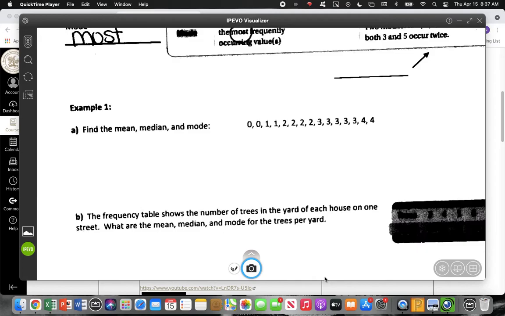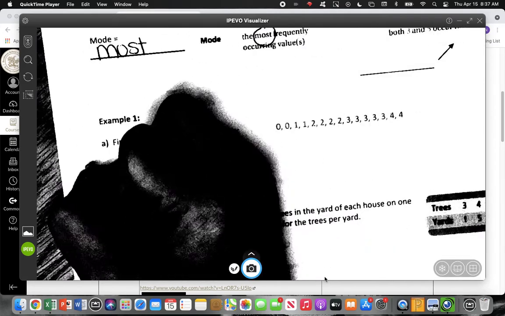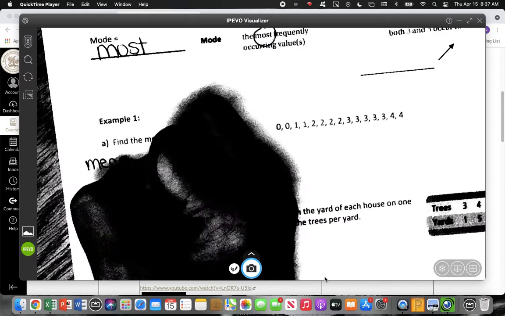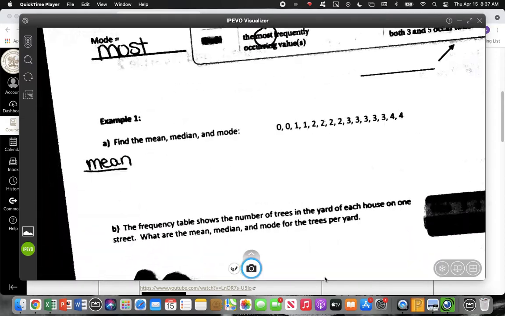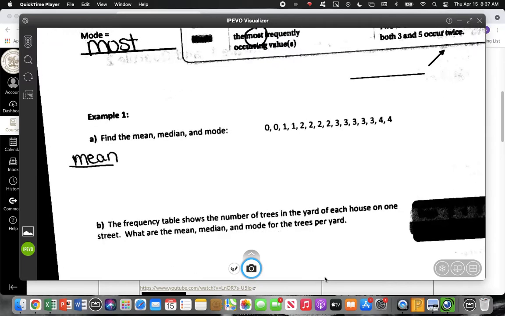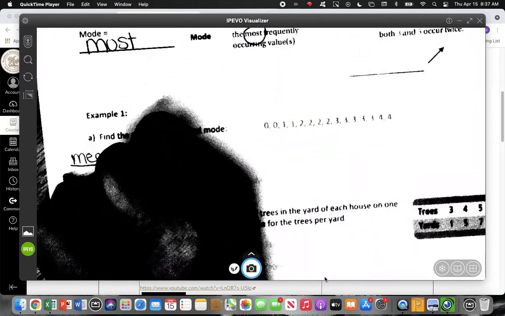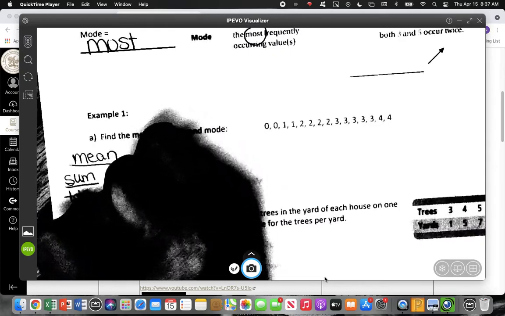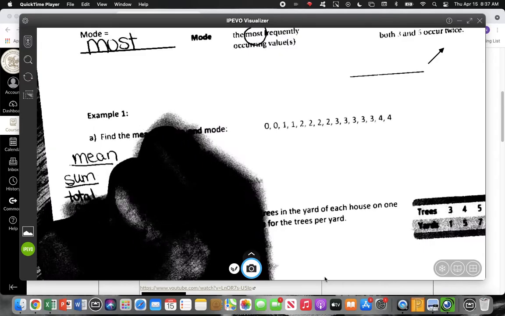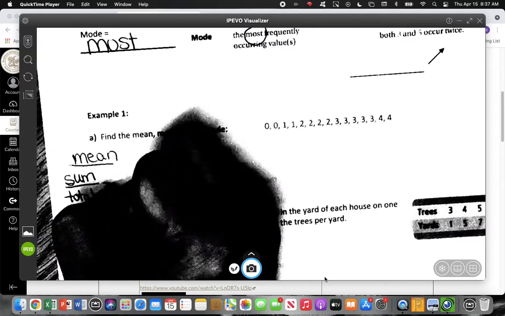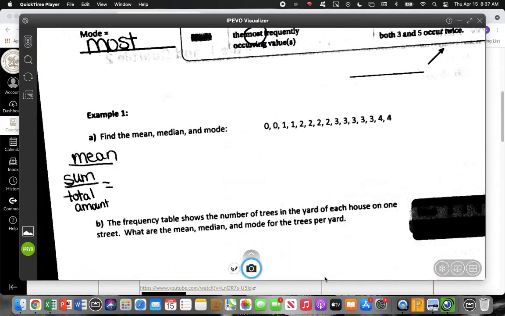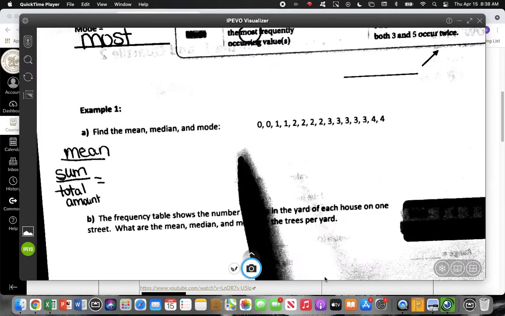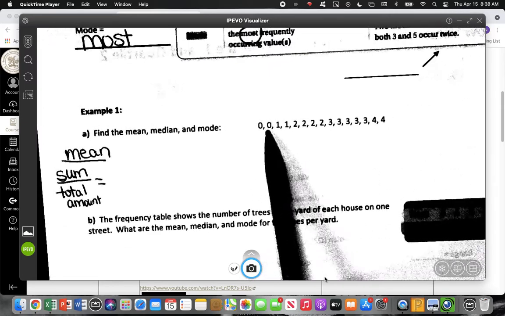15. Okay, so when you are finding the mean, we are going to add all of these up and divide by 15. All right, so we are going to find the sum of those numbers, and then we're going to divide it by the total amount. So the first thing, and you guys have calculators, or you can just count this by, so 0 plus 0 is 0.